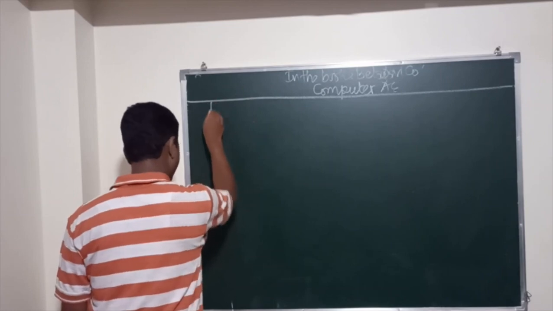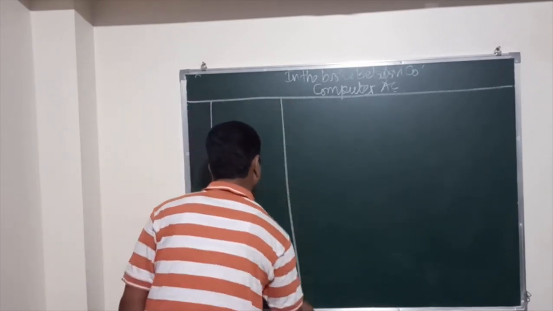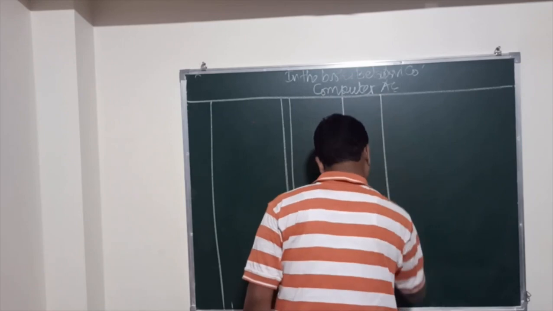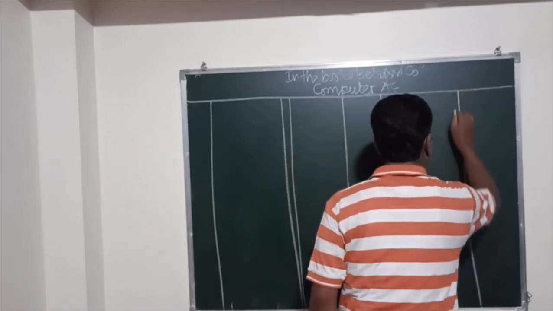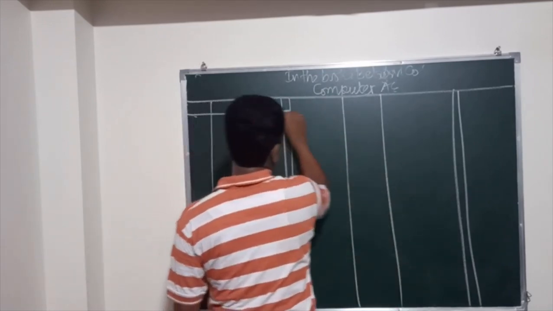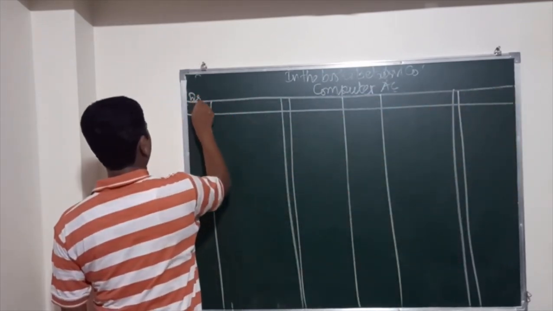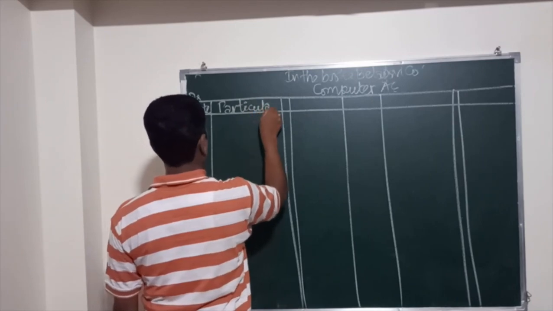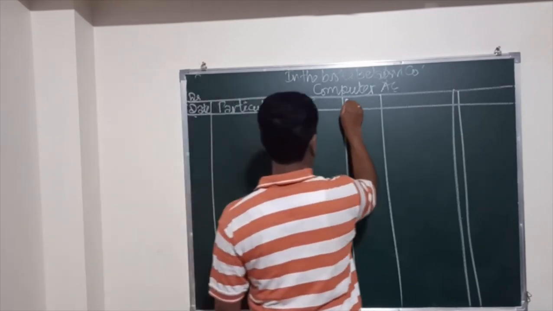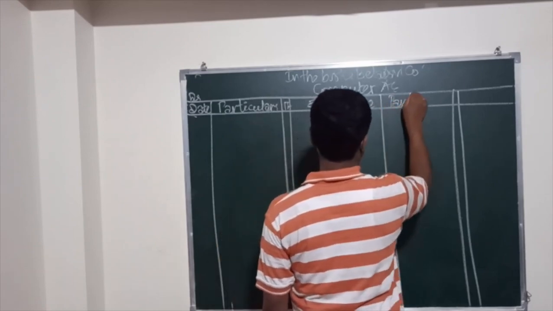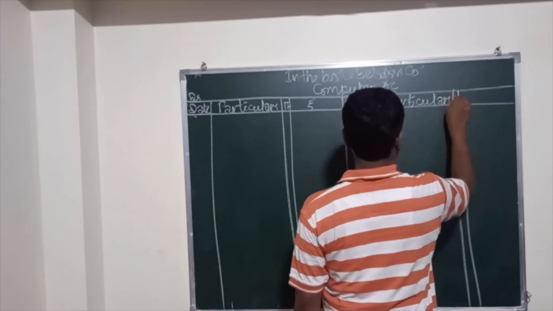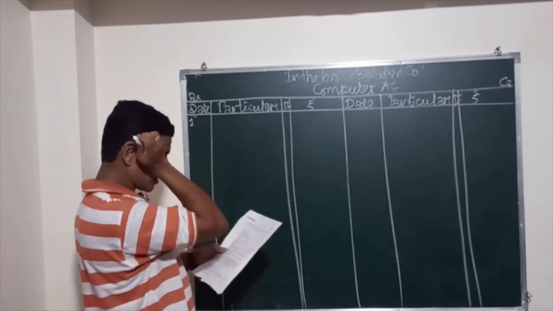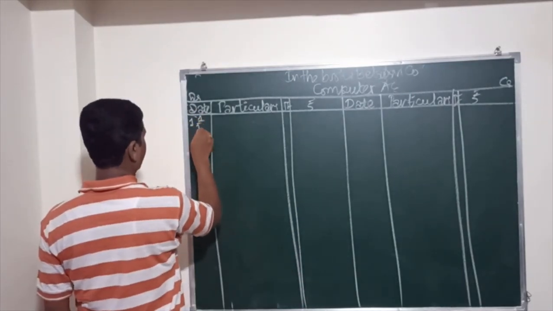So date, amount, date, so debit, date, particulars, journal folio, rupees, date, particulars, journal folio, rupees, credit.